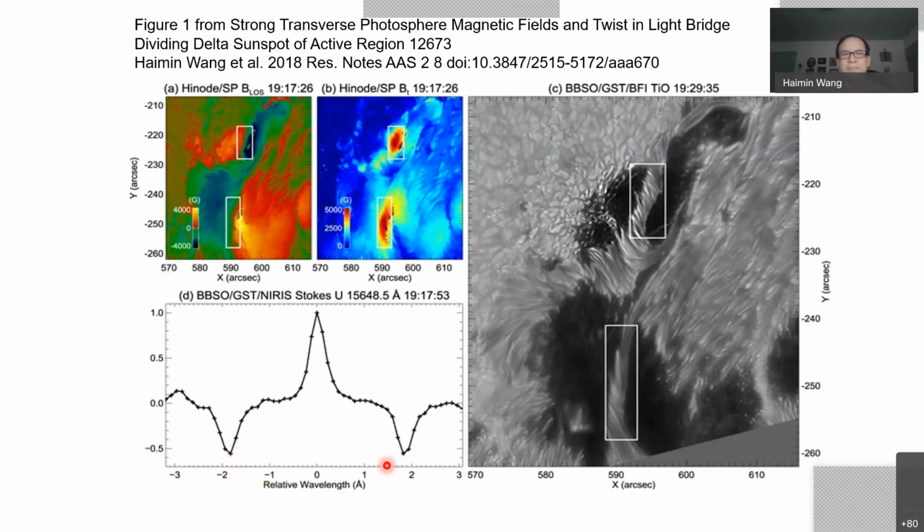Then we found the B field is one of the historical highs, around 6,000 Gauss. There are later papers describing that even in the corona, this active region produced 1 or 2,000 Gauss field. So this is a very unusual active region.